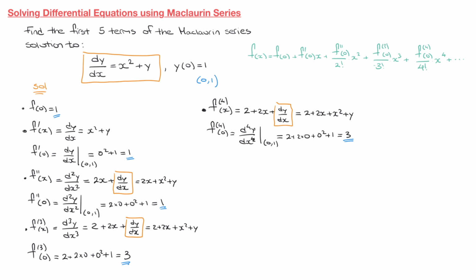And so all that's left to do now is replace f of 0, f dash of 0, f dash dash of 0, and so on and so forth by the values we've underlined in blue here.